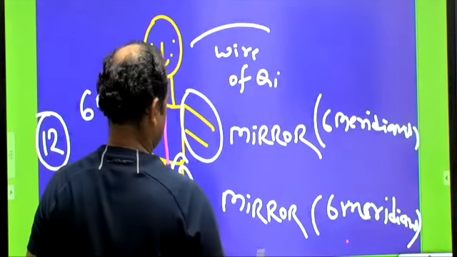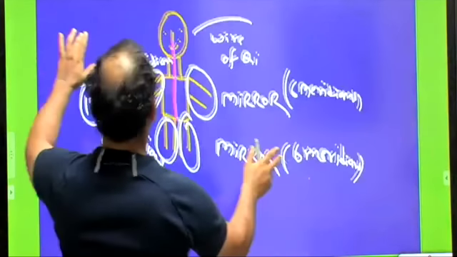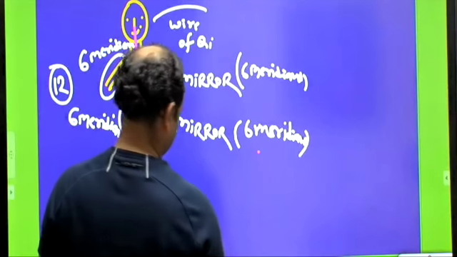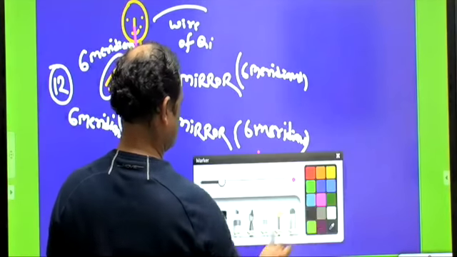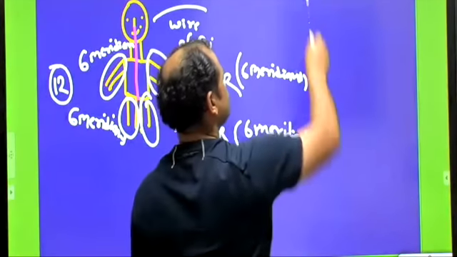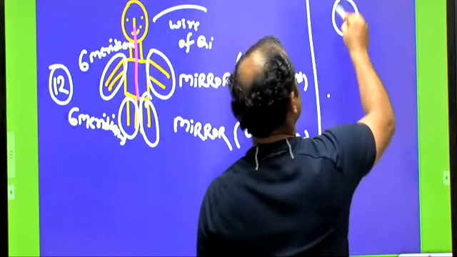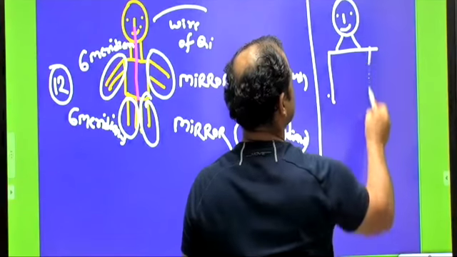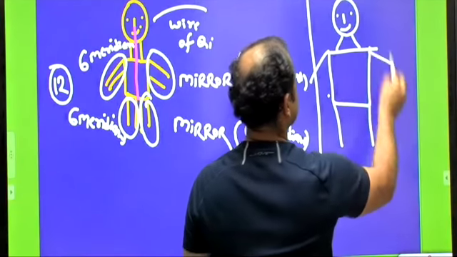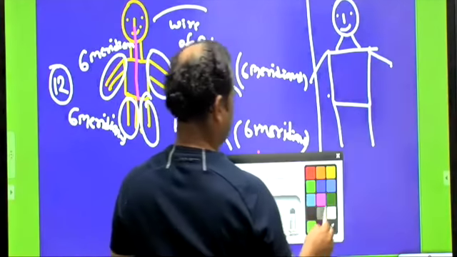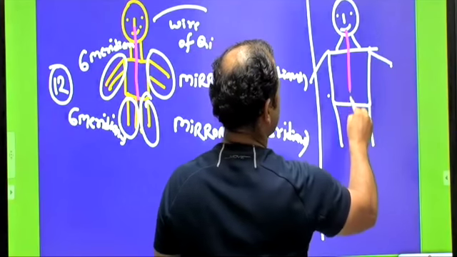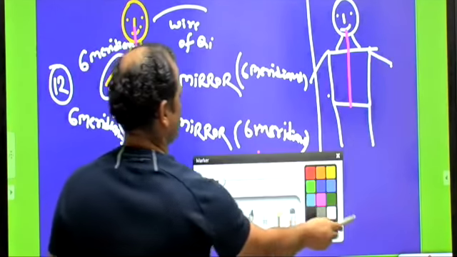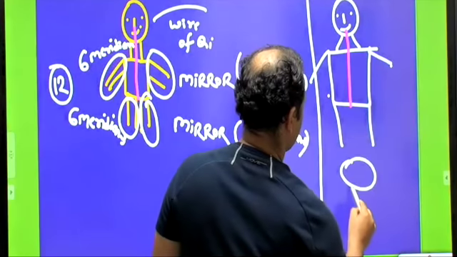So one meridian we have in the front central line, and the one last meridian will be in the back central line.